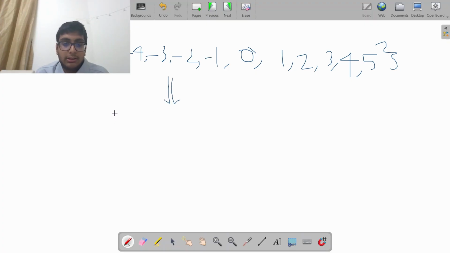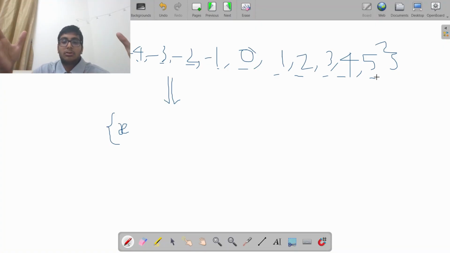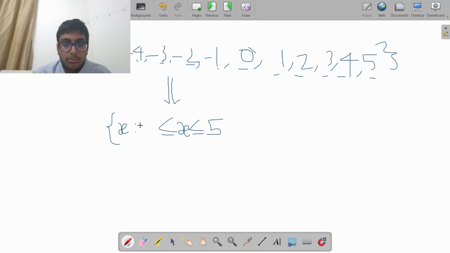Now, let us continue. We will write this as x, where x can be all these numbers written in the set. That's what I meant by generalizing. We use a certain variable or a certain amount of information that, when given some other constraints, works as an alternative for the set we have written over here. So x, where x is less than or equal to 5, greater than or equal to -4.